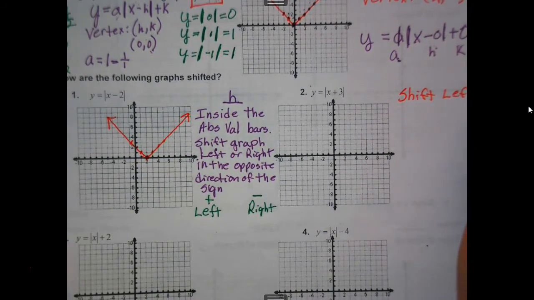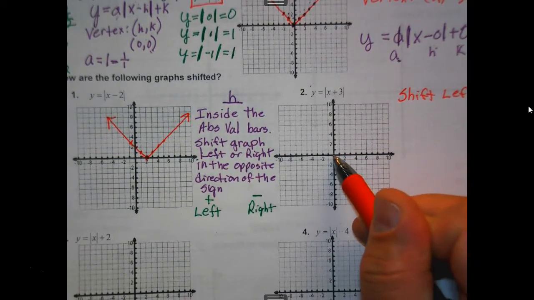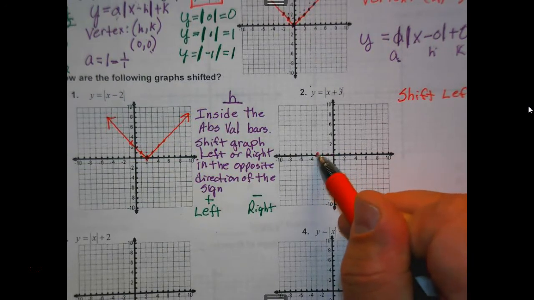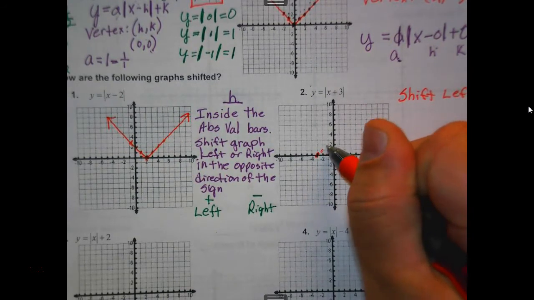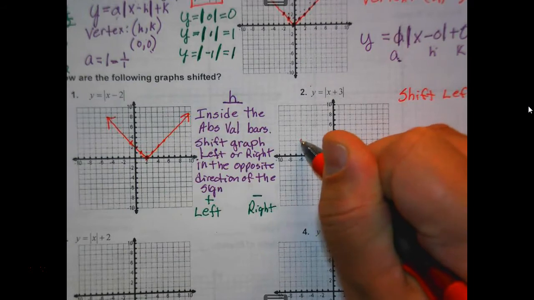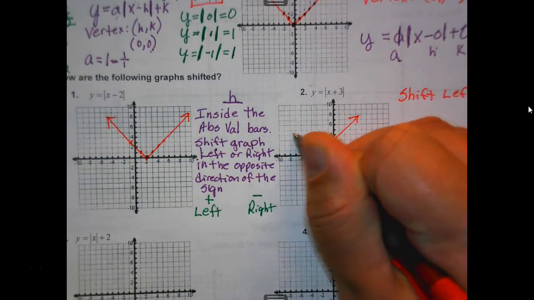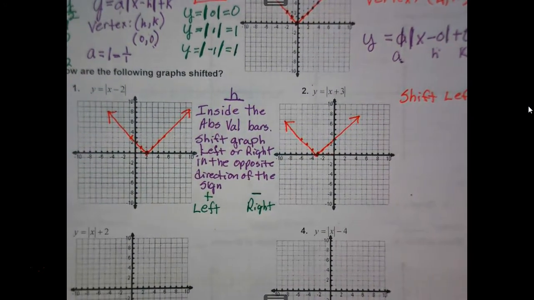How many? 3. So my vertex would normally be at 0, 0. It's going to shift to the left 3. 1, 2, 3. Everything else stays the same. So there's my graph of the transformation, the absolute value of x plus 3.